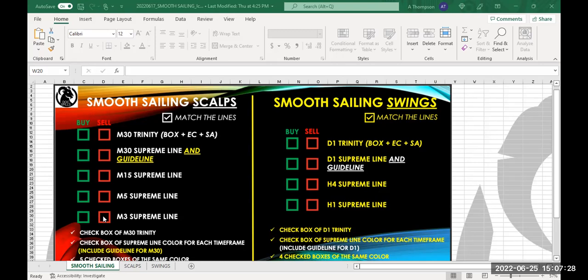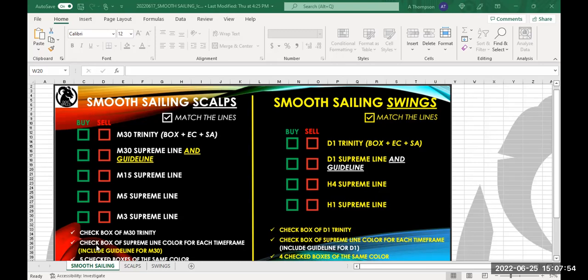Then you're going to finally line up all of the colors, and then you're going to wait, because we get paid to wait. Once you have your volume, you have your candles, you have everything lined up, consistent with your supreme guidelines, then you're going to take that sniper entry for that trade.